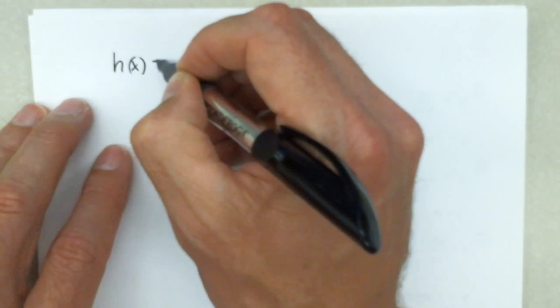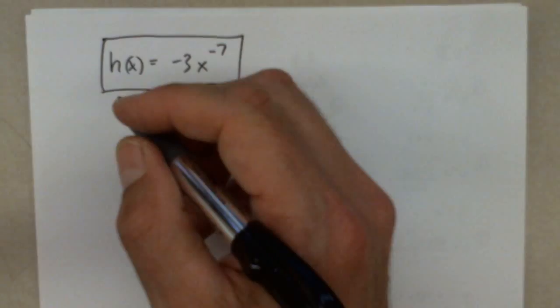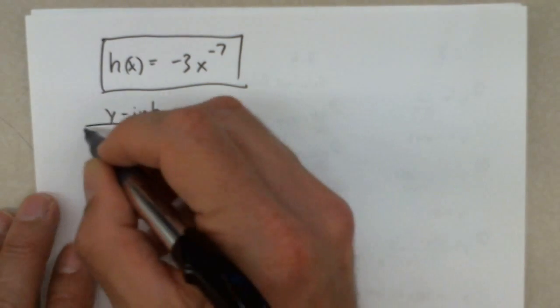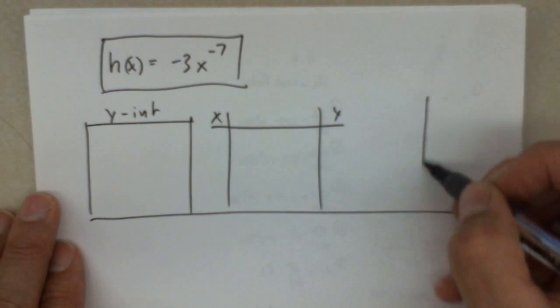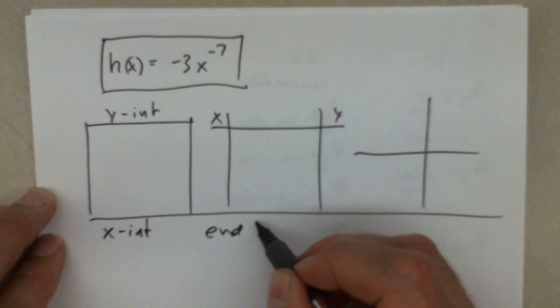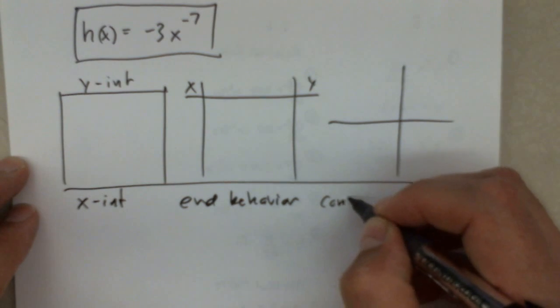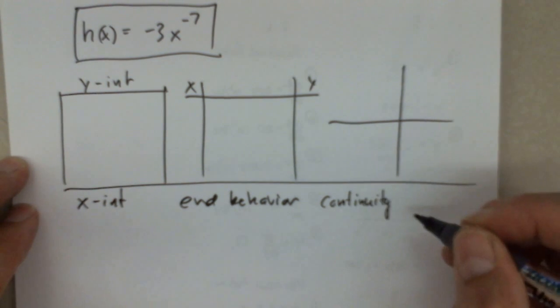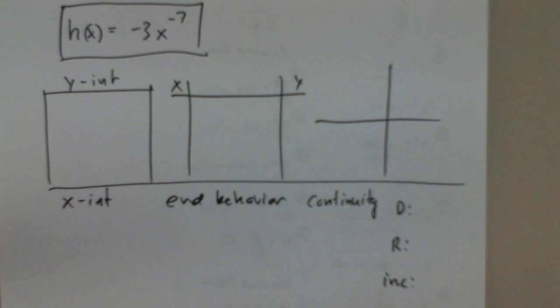Okay, let's look at a different type. So now we have a negative exponent.